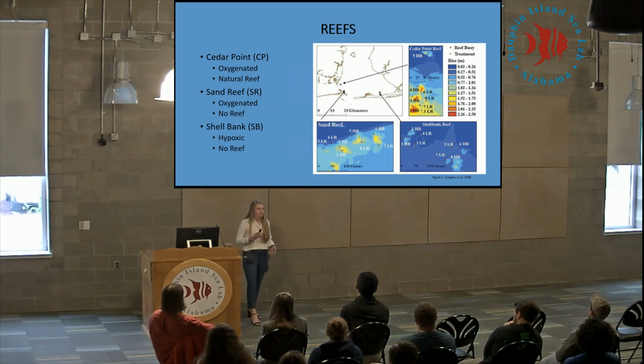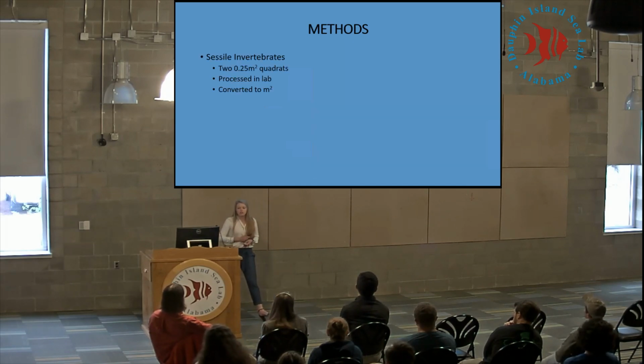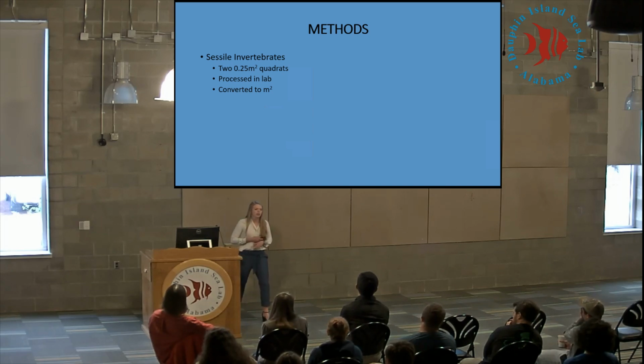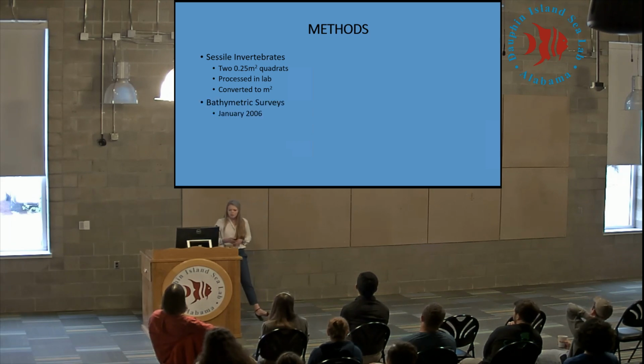In order to collect samples of sessile invertebrates, they dove and did oyster quadrats. So they took a 1/4 meter squared quadrat and placed it on these oyster reefs. These reefs are 25 meters by 25 meters. And if we go back, you can see that there are 8 reefs located at each site: 4 high relief reefs, which are about 1 meter off the bottom when they were deployed, and the low relief reefs being 10 centimeters off the bottom.